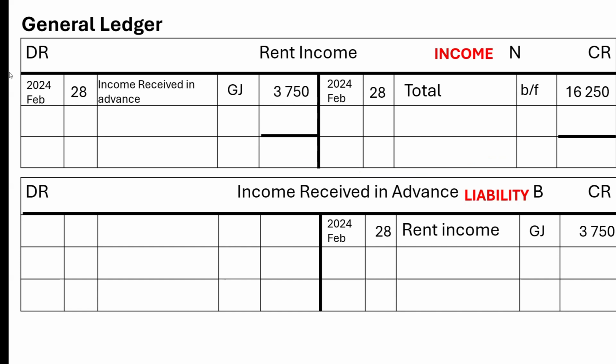Thereafter, we close off our nominal account to profit and loss by writing the biggest total. Then I say, the debit side is not equal to that. So I take my total minus 3,750 and I close off to profit and loss. And the 12,500 is the rent I should have for this financial year only.